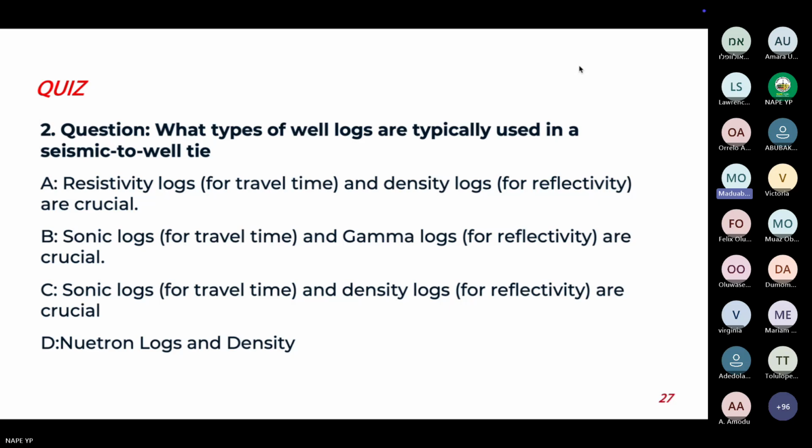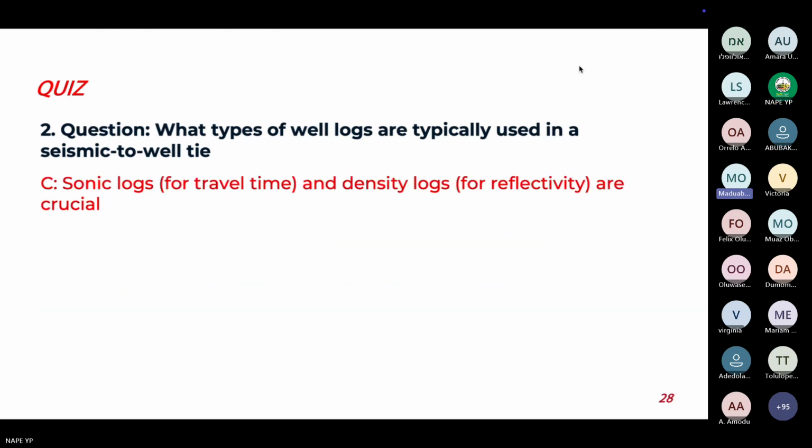Is it the sonic log for travel time? Is it the sonic log or is it the gamma ray log? Maybe it's the neutron log. Who knows? Wow. It's clear. And the answer now. Drum rolls. Oh, yes. Interesting.